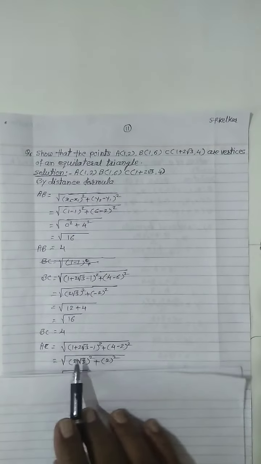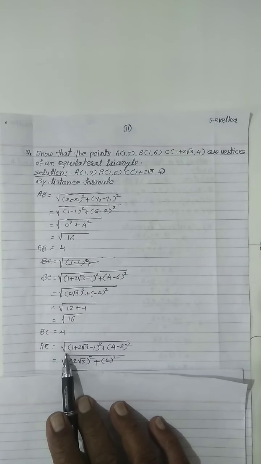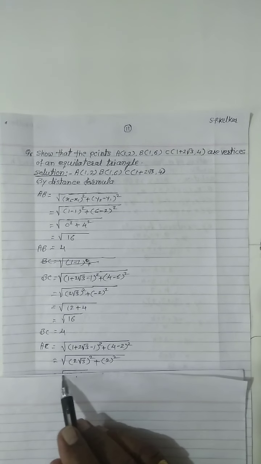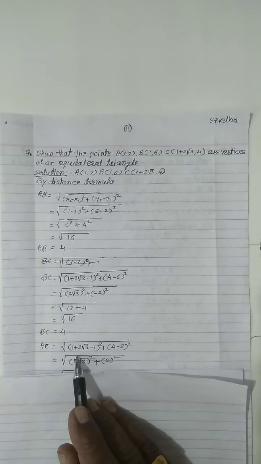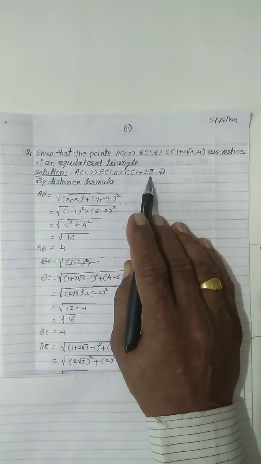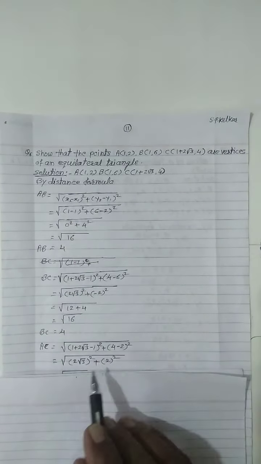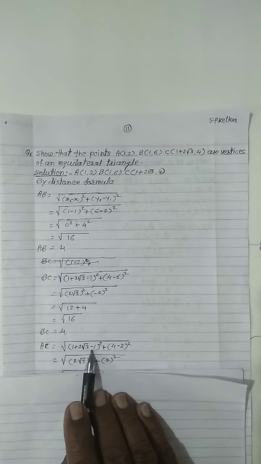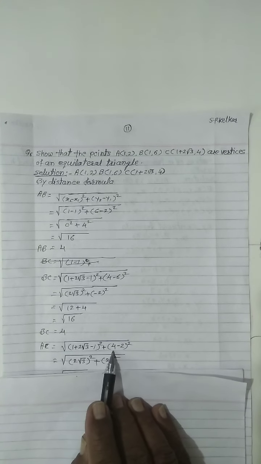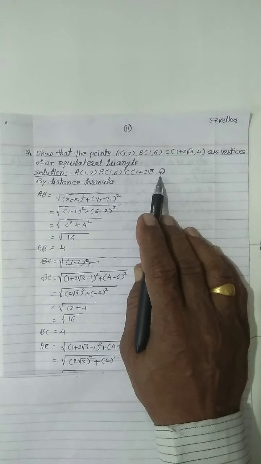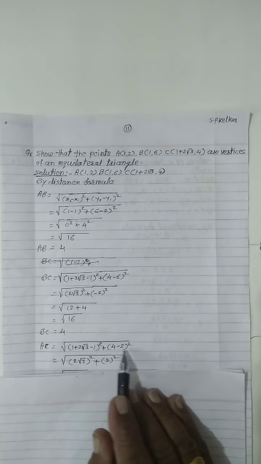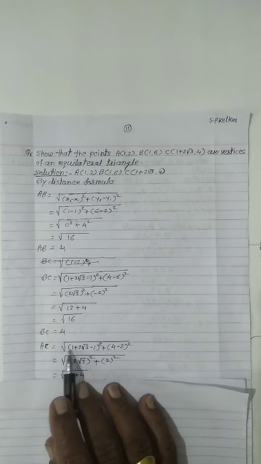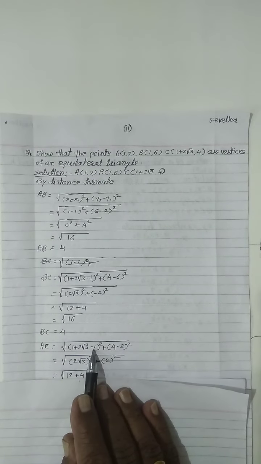Then write AC equal to under root sign. Again we write the same formula. Here x2 minus x1, so x2 means this 1 plus 2 under root 3 minus this 1, bracket square. In root sign (x2 minus x1) square plus y2 is here 4 minus this 2, (4 minus 2) square. Then in root sign again this plus 1 and this minus 1 cancel.